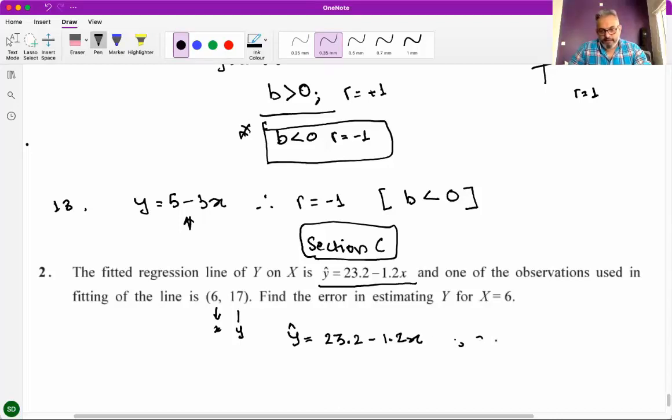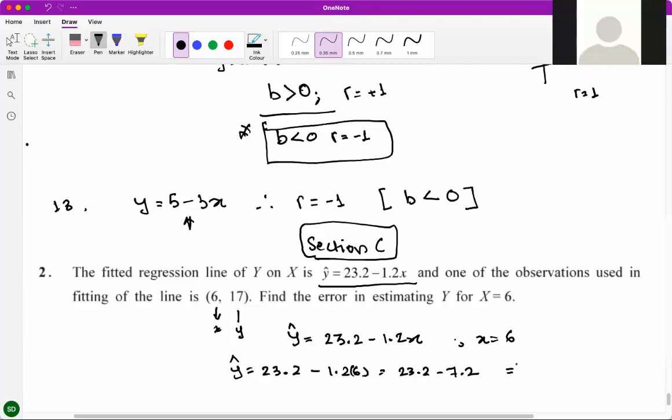So taking x is equal to 6, we get y cap is equal to 23.2 minus 1.2 into 6, which is equal to 23.2 minus 7.2, which is equal to 16.